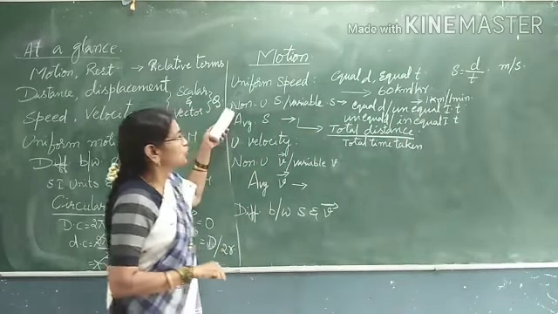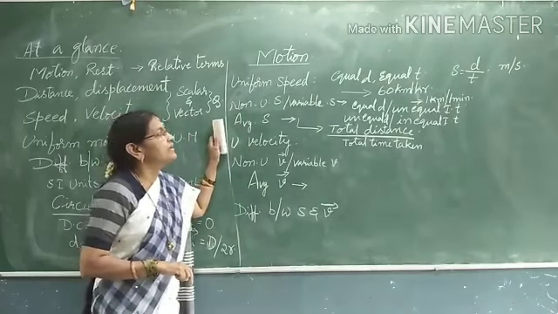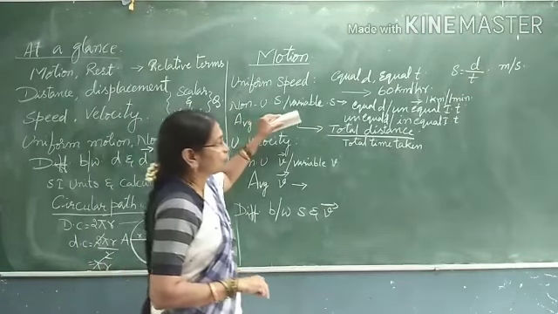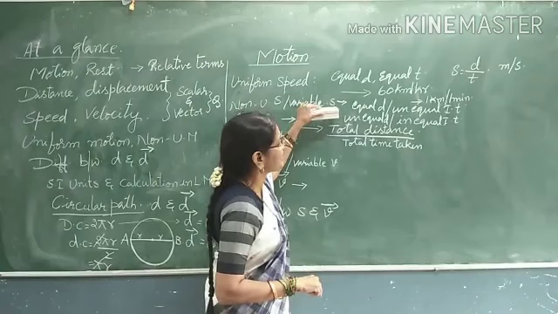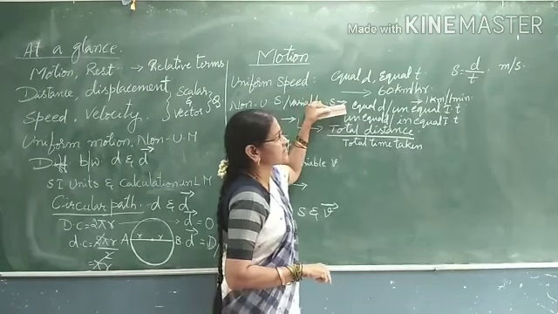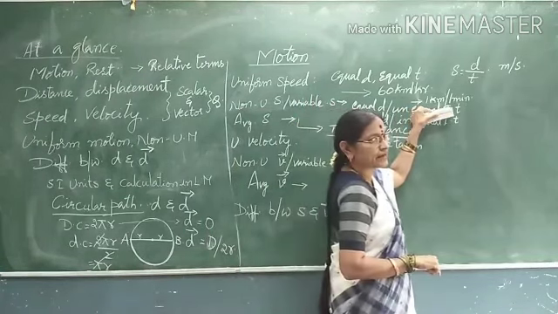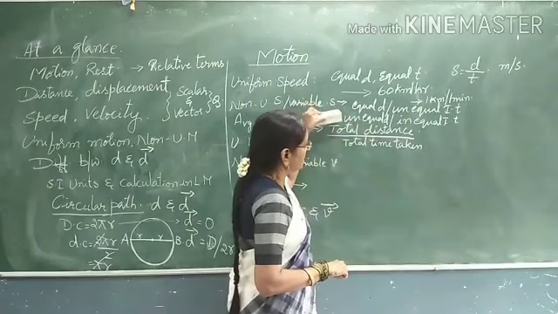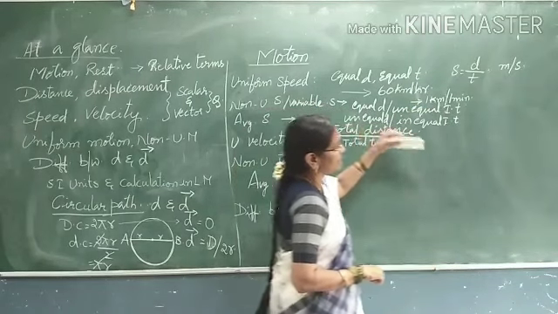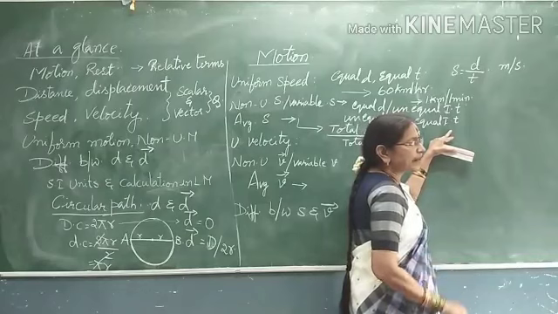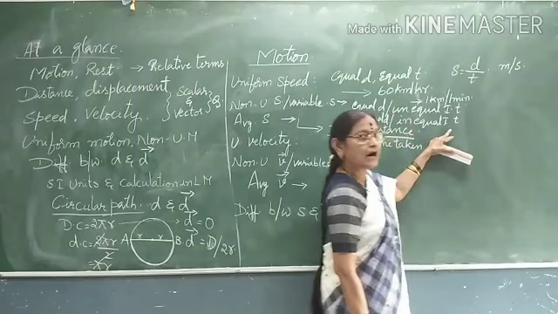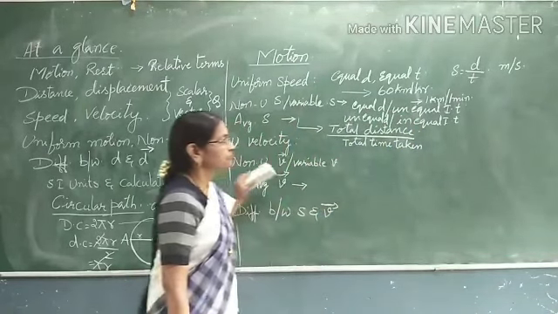Now coming to non-uniform speed or variable speed. When a moving body is covering equal distances in unequal intervals of time or unequal distances in equal intervals of time, it is called non-uniform speed or variable speed.